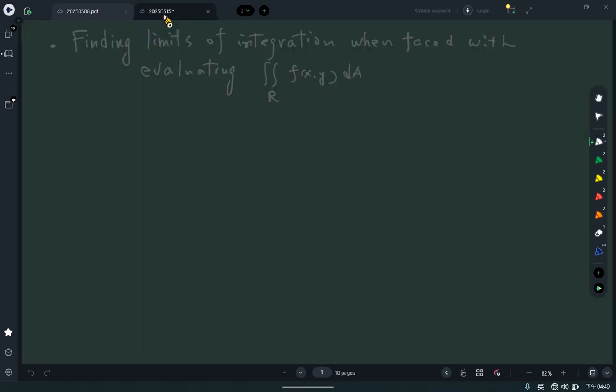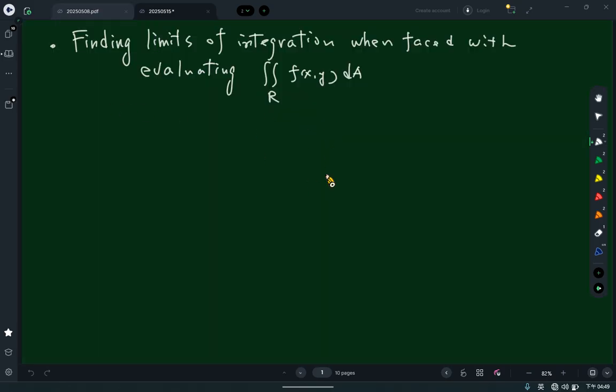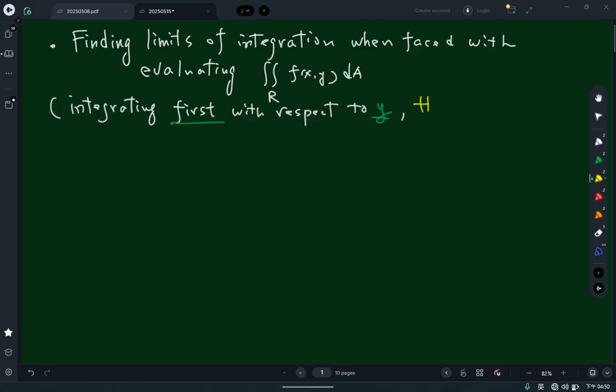Okay, then the first step, so if we just integrating first with respect to y, so y first, right? Then with respect to x.